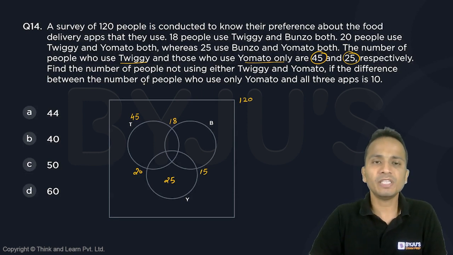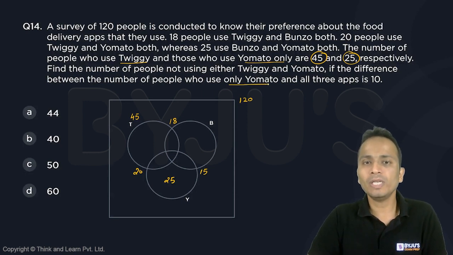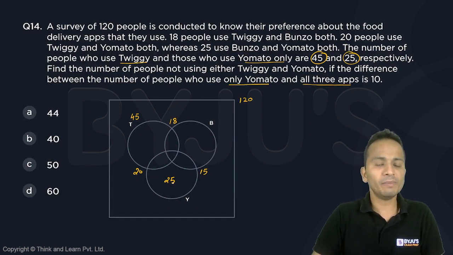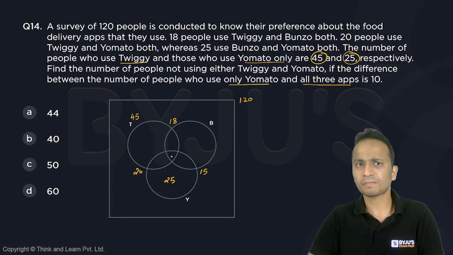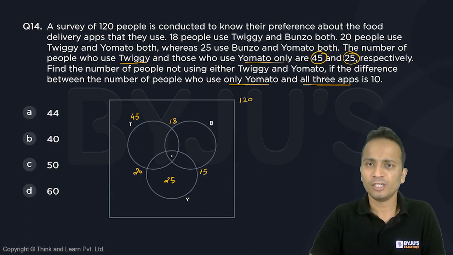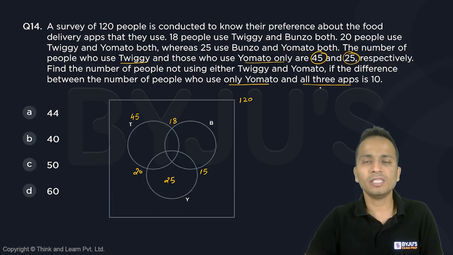If the difference between the number of people who use only Yamato and all three apps is 10. So only Yamato, we already know that this is 25. And the difference between this number 25 and the people who use all three apps is 10. So it can be Yamato minus all three is equal to 10 or vice versa.